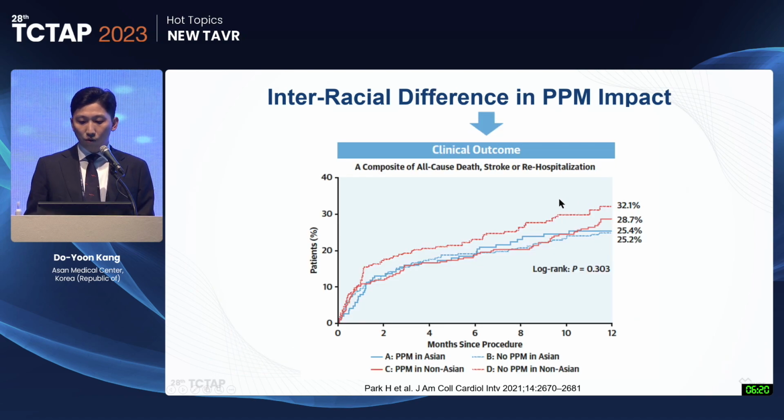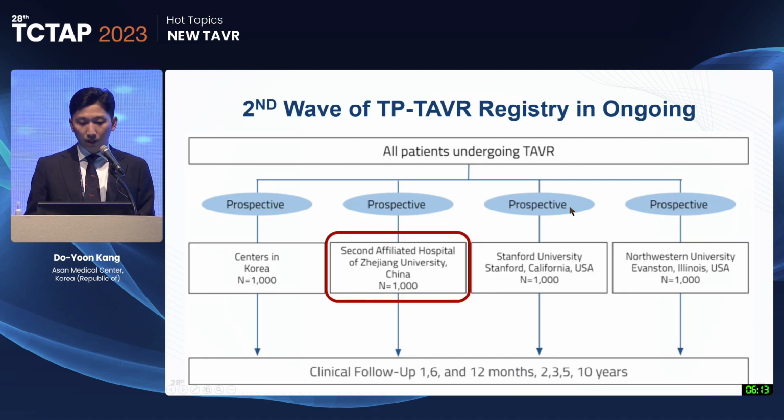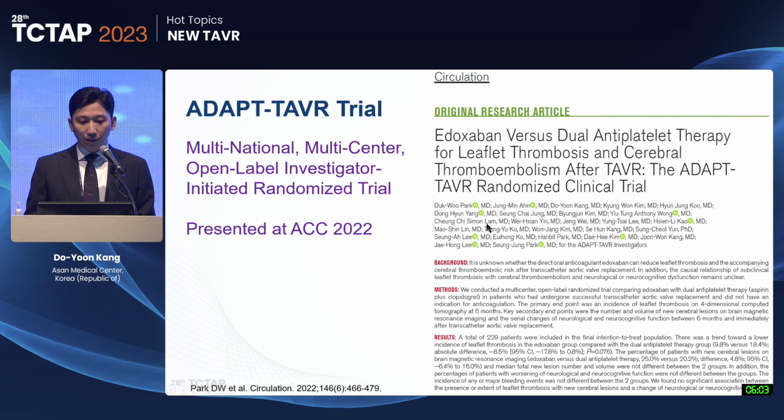However, the clinical outcome was not different between Asian and non-Asian, and PPM and no PPM patients. And we are preparing the second wave of the TP-TAVR registry, including patients from China and expanding to more patients. And second is the ADAPT-TAVR trial that was published last year.